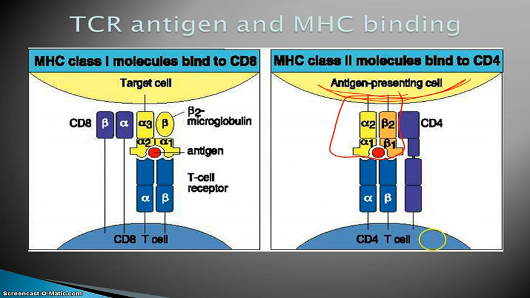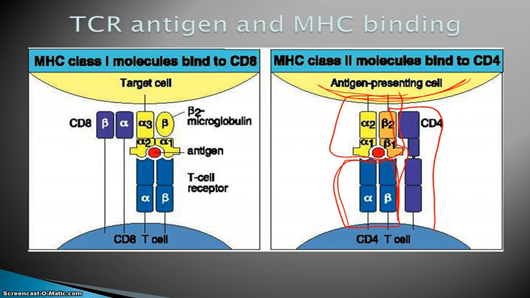This T cell, otherwise known as a helper T cell, or CD4, because it is a T cell, has a T cell receptor. So here's the T cell receptor. And because it's a helper T cell, it's called CD4 because it has a CD4 receptor.